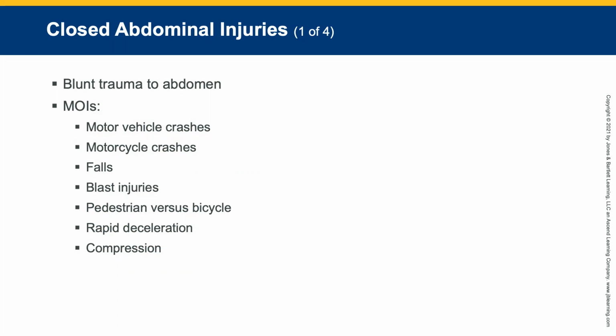Rapid deceleration and compression injuries may initially appear as abrasions to the surface of the skin, because we're not going to be able to put on sunglasses and have x-ray vision to see inside the body. We won't see until later down the road when the patient is becoming septic or going into shock. So we have to be careful about that and recognize those signs early.